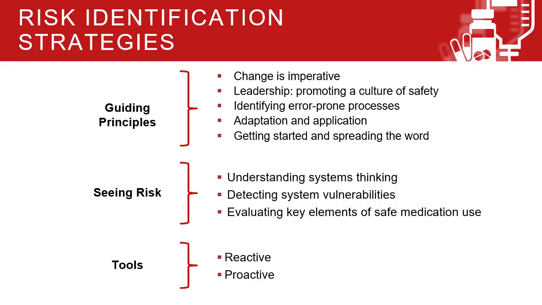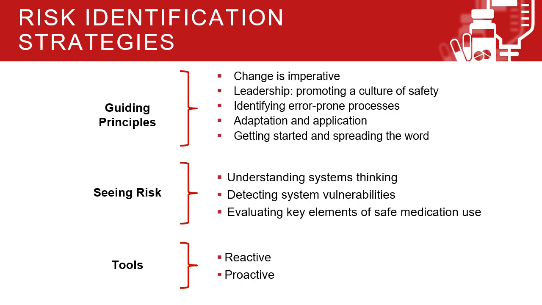And lastly, getting started and spreading the word, which highlights the need for a collective effort around medication safety, one that starts with leadership but is sustained by those on the front lines of patient care. These guiding principles form the foundation of an organization's commitment to advancing medication safety.